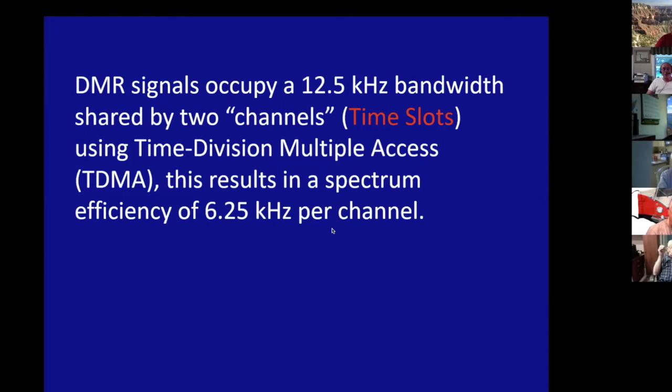So the transmission switches between those time slots so quickly that you can't tell that there is a switch when you're listening to it. So theoretically, two conversations can be going on at the same time on the same frequency, and nobody's going to be any wiser, because each of those conversations is using only 6.25 kilohertz of the available bandwidth.